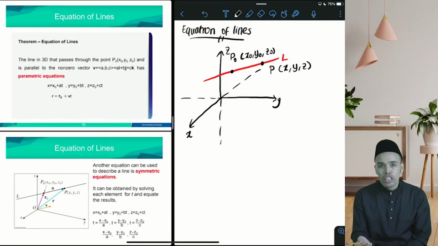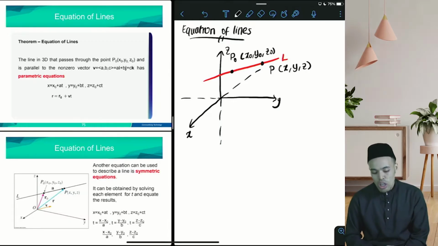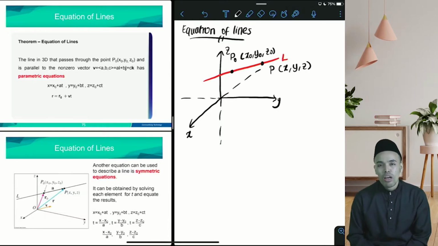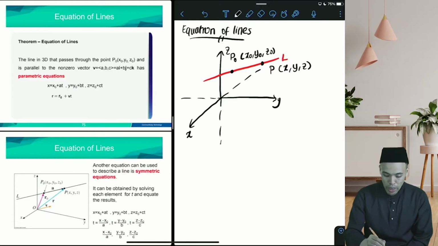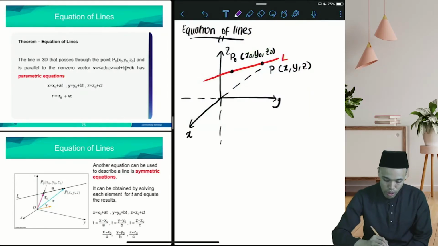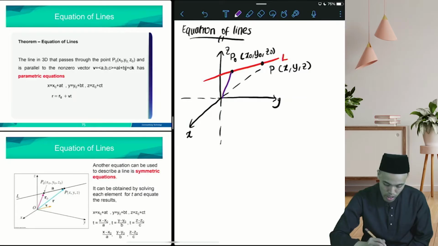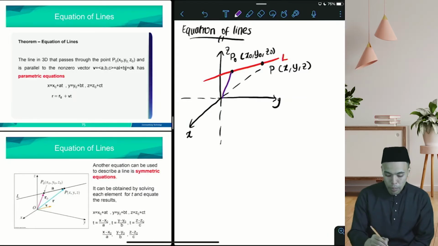Before this, in chapter 2, we discussed position vectors. When I talk about a position vector, I always refer to the origin as one of the reference points. If I ask you to determine the position vector of point P naught, you should know that I am going to determine vector OP naught.